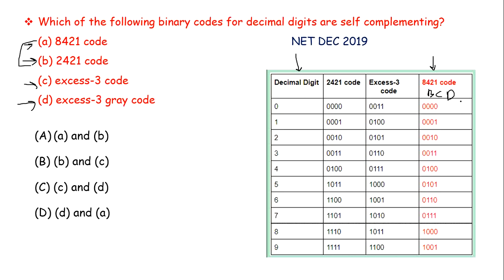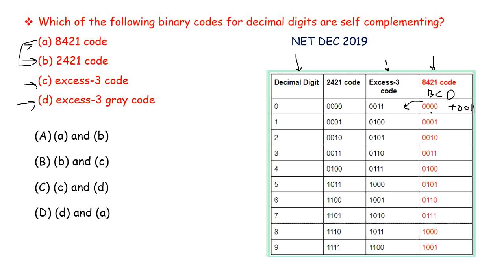We will write its code for decimal digits 0 to 9. Next is XS3 code, which is BCD code plus 3. For each BCD code digit we will add 3, that is 0011. Now add 0011 to all these BCD codes, and we will get XS3 code.